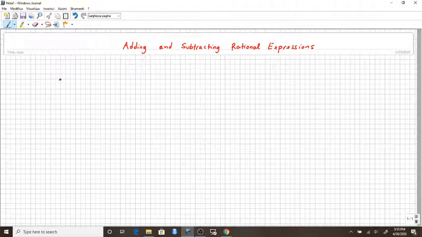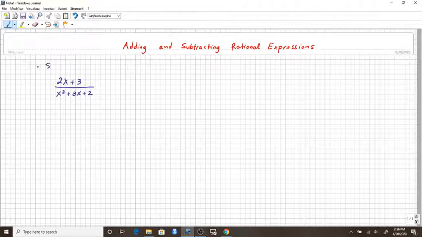So here is the problem. We have 2x plus 3, and this is divided by x squared plus 3x plus 2. Okay? Alright, so we have a single rational expression. So here is the question of the problem.